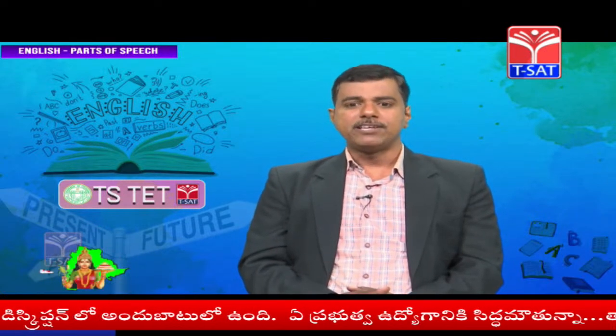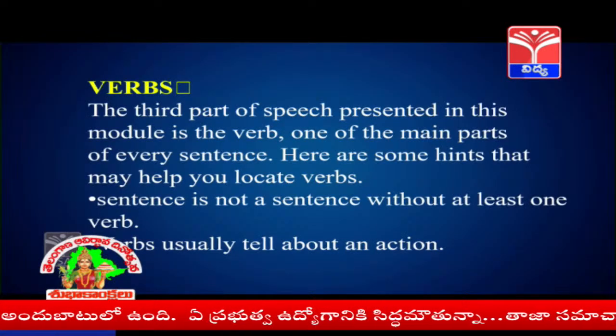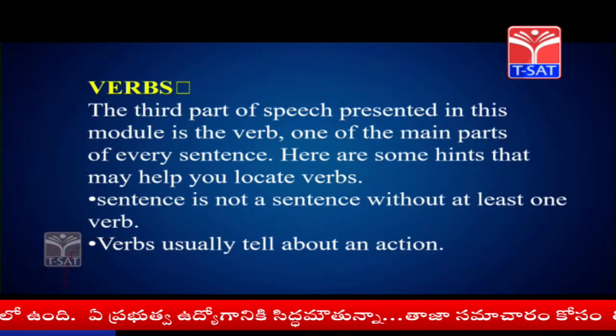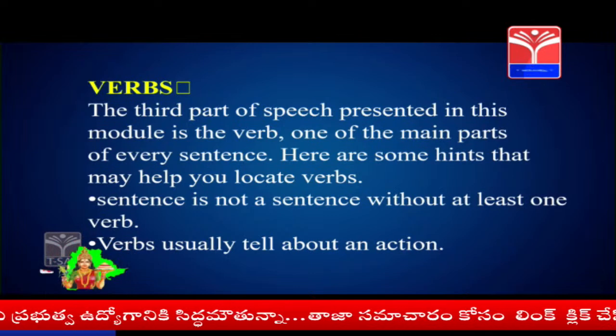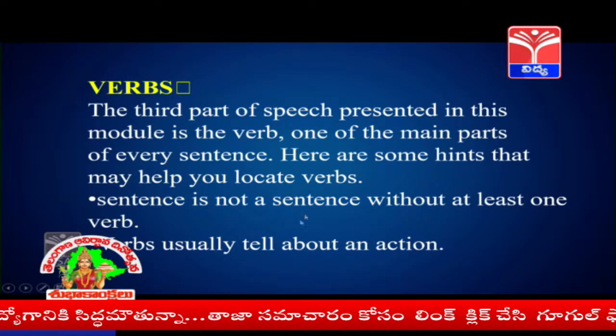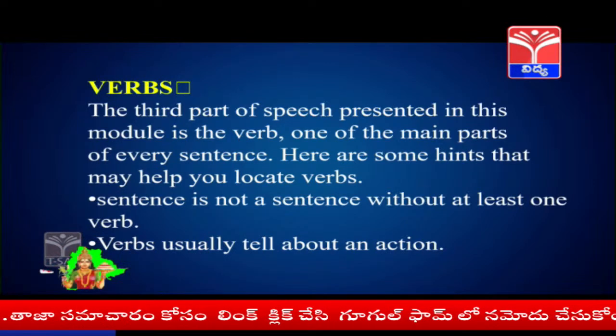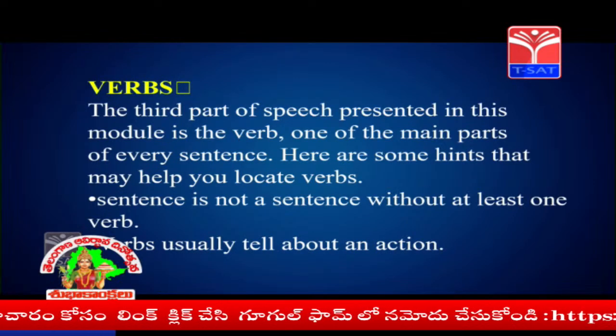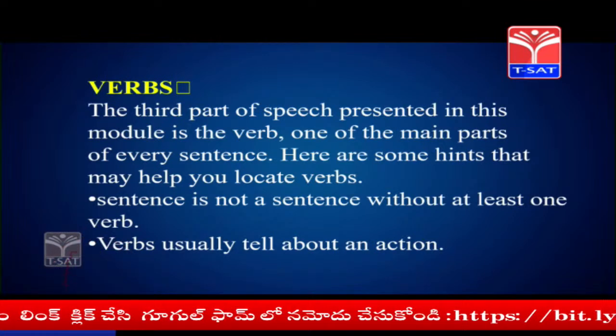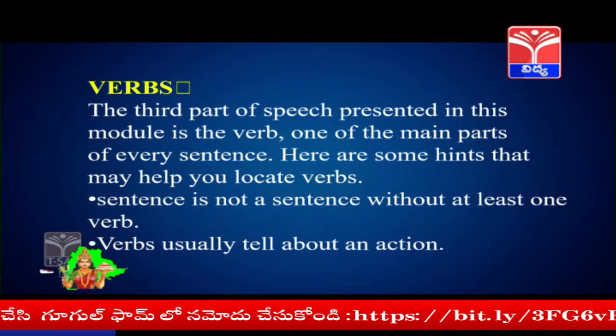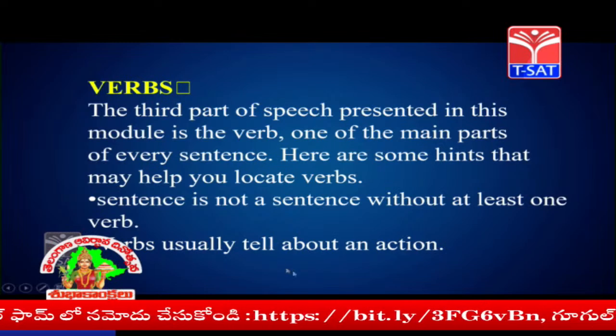The third part of speech is the verb, one of the main parts of every sentence, as I told you already, right? A sentence is not a sentence without at least one verb, whether it is a simple sentence or a complex sentence or a compound sentence. Without a verb, we cannot make a sentence, right?